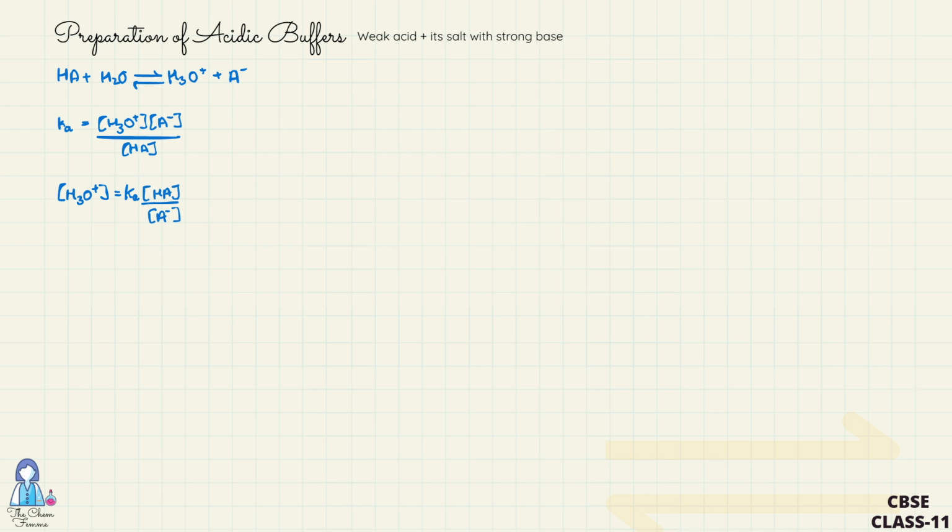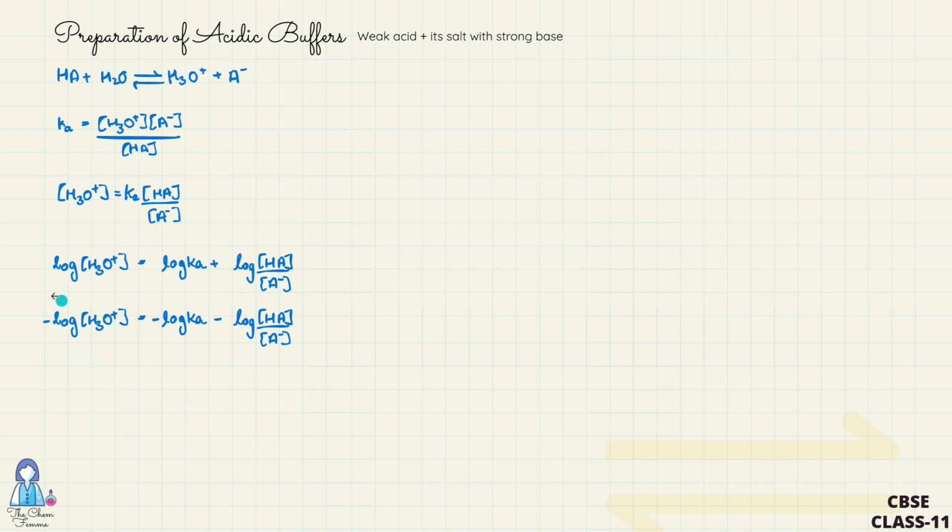After which we are going to be taking the logarithm on both sides. When you do that, you get log H3O plus equals log Ka plus log of HA by A minus concentrations. Now, we add a negative symbol in front of all of them, multiplying it all by minus, and you get this equation.